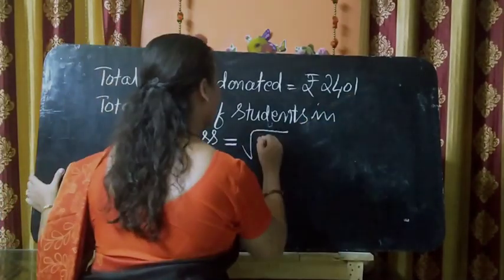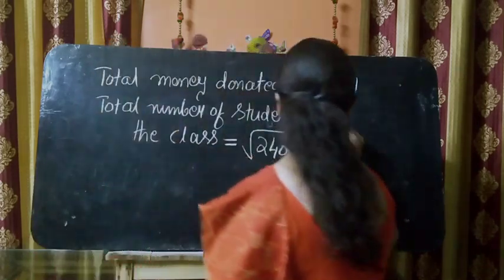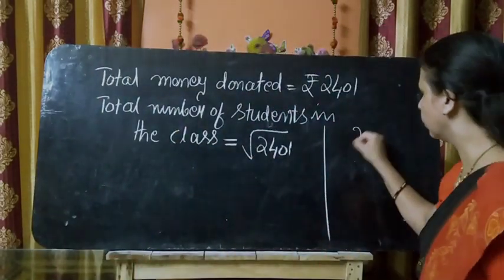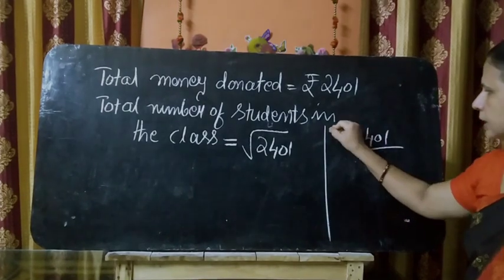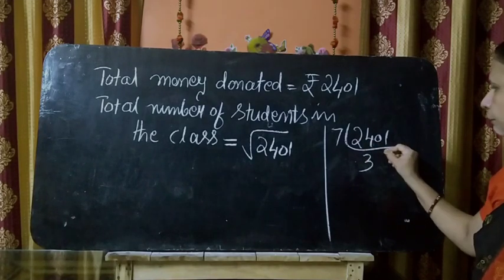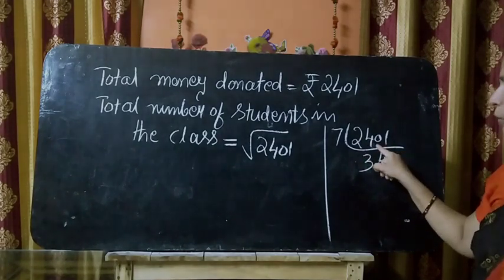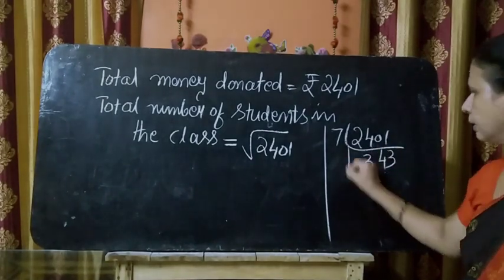That is square root of 2401. Then find out the square root of this number 2401. Take the factor 7. 7 3s are 21. 2 left. 7 4s are 28. 2 left. Number will become 21. 7 3s are 21.